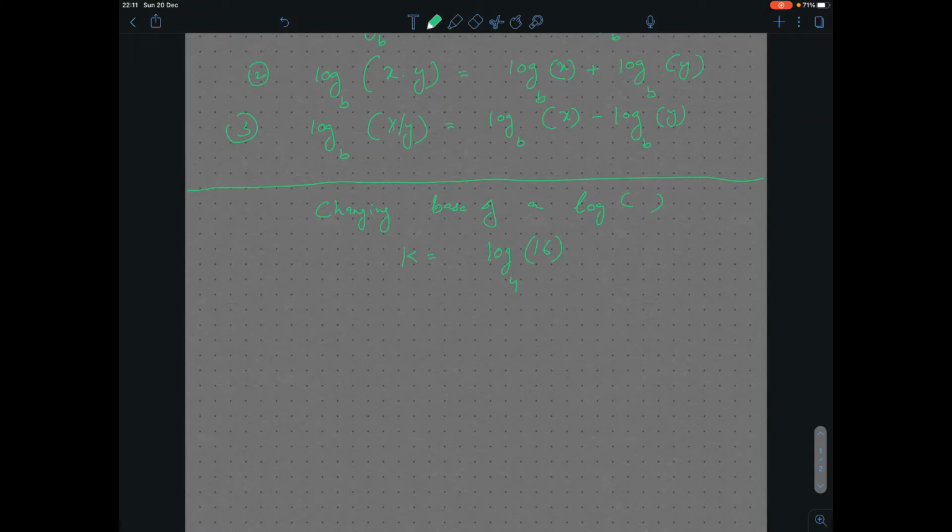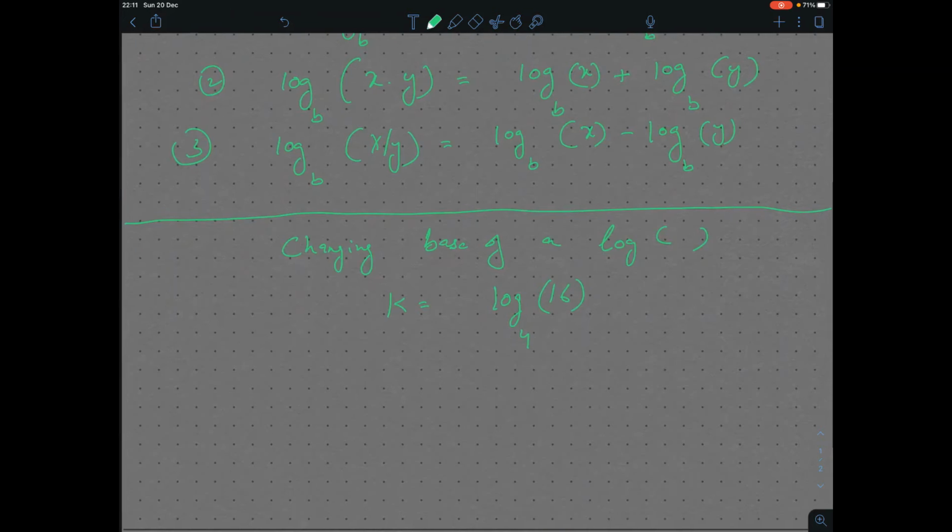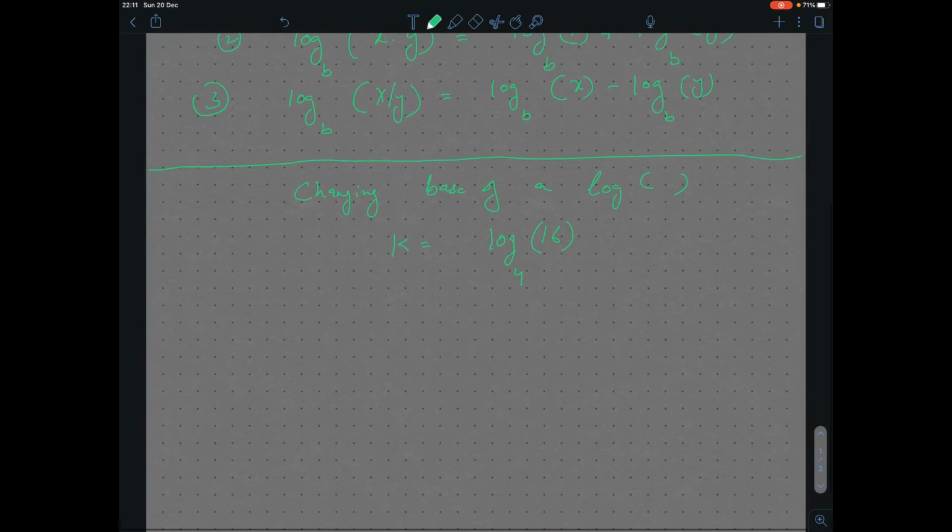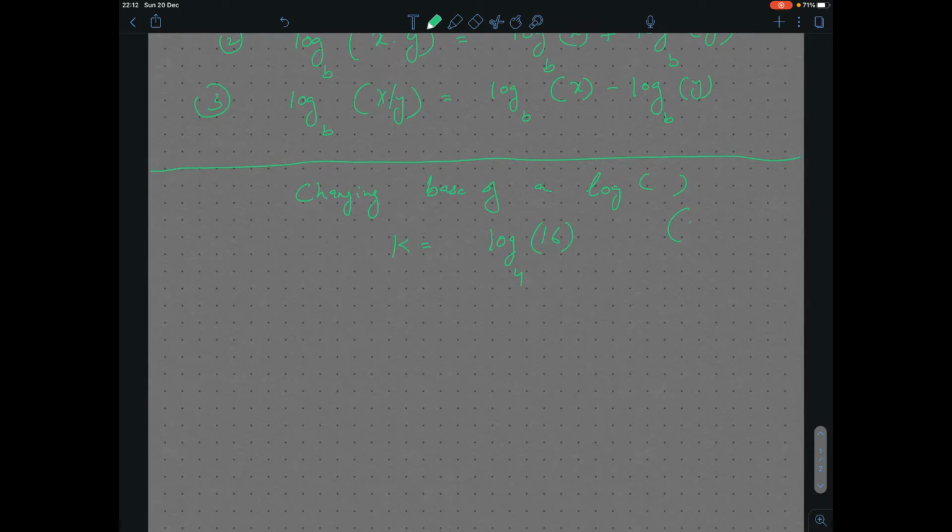So if we have k being equal to the log with respect to base 4 of 16, let's try to convert this particular expression from log to the base 4 to a base of 10.